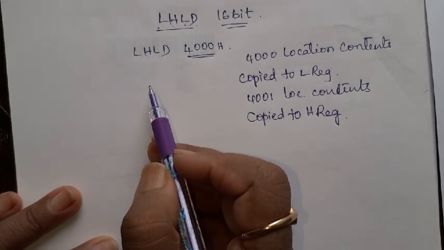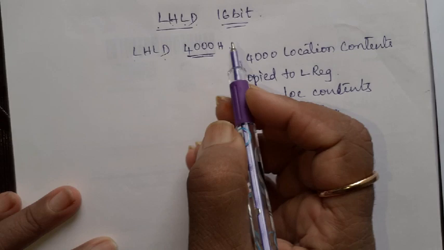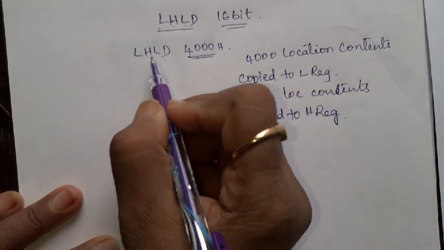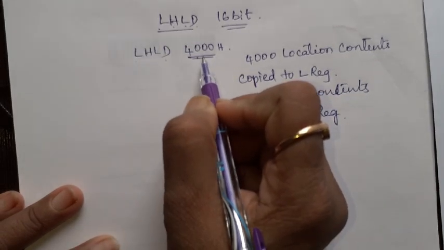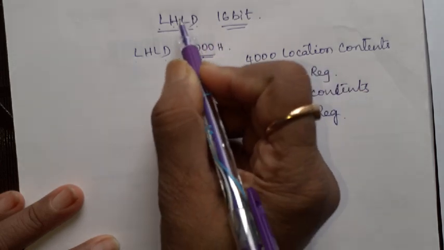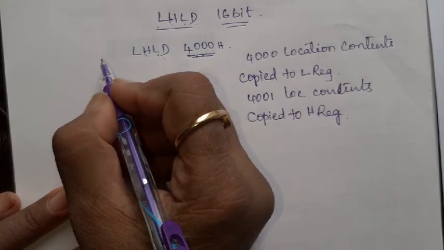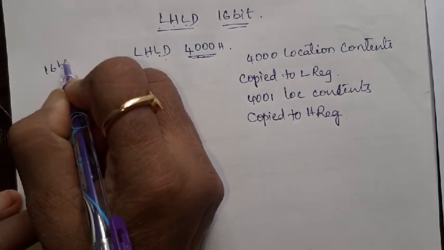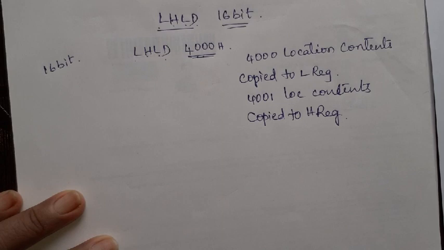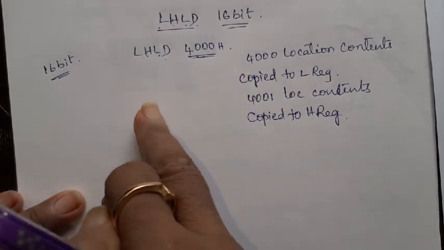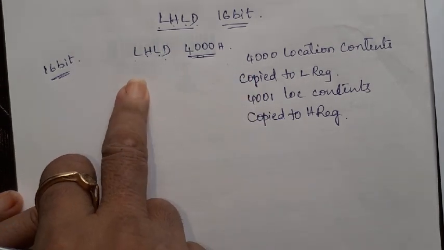Okay, so with this instruction, you are specifying from which location the contents are to be transferred to H and L register. So this is actually a 16-bit transfer. Till now, whatever instructions we have seen, that data transfer is only 8-bit. Here it is a 16-bit transfer from the memory loaded to the H and L.